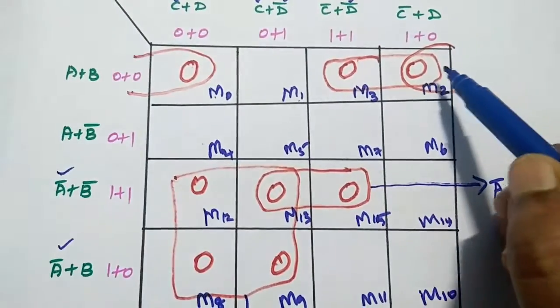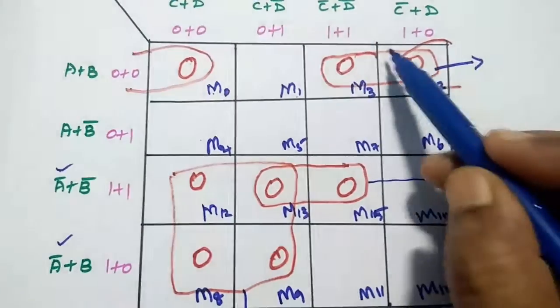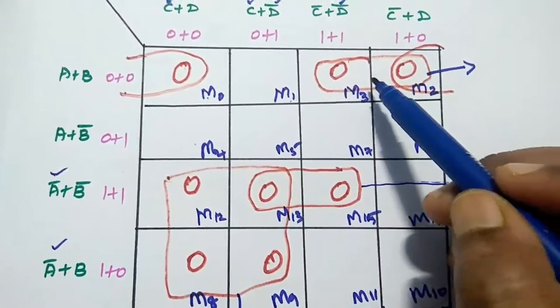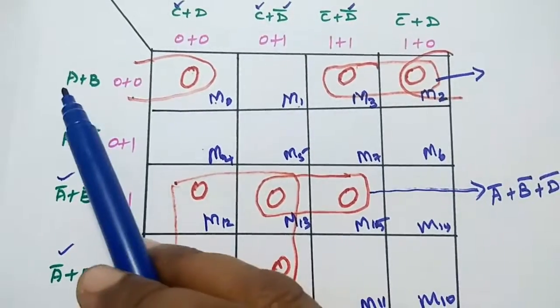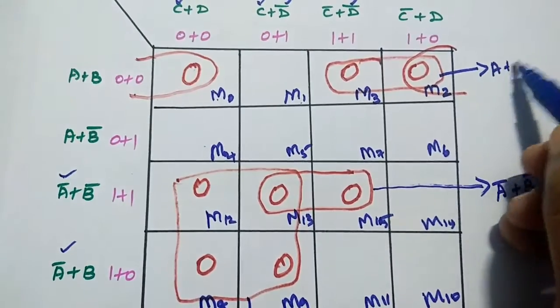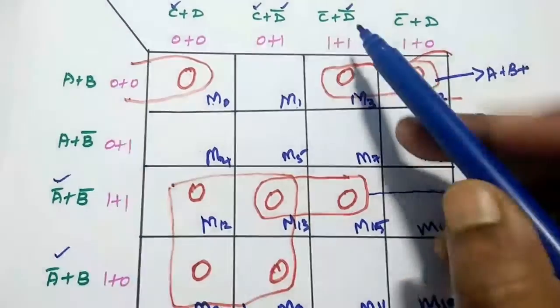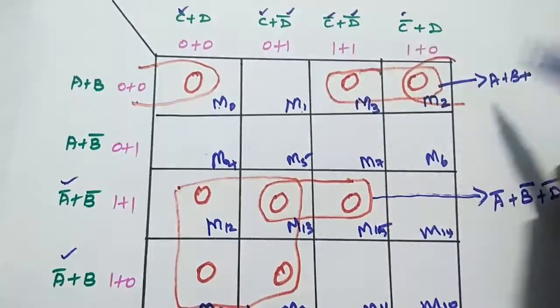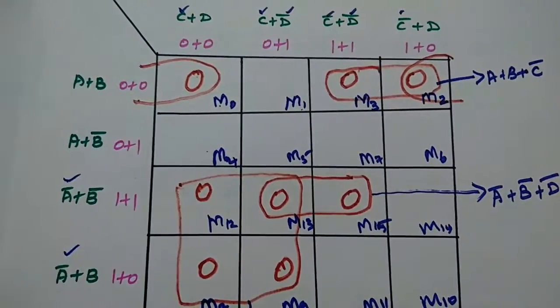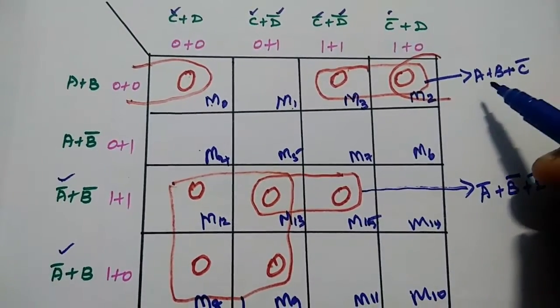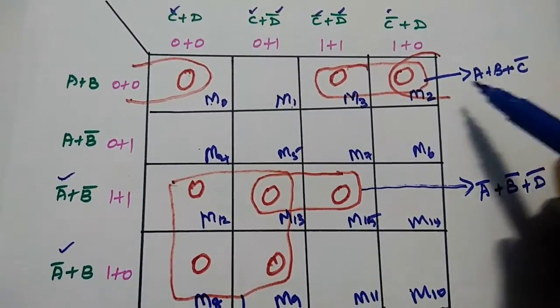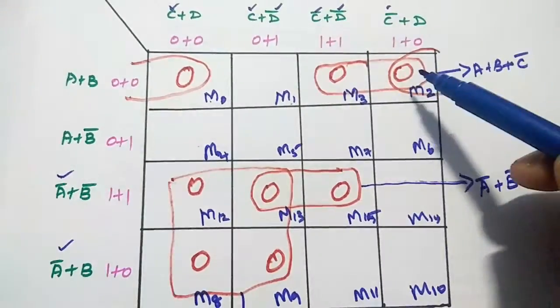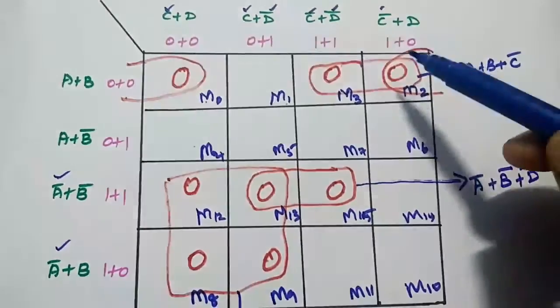So next, take this group. For these two zeros, the common term here is A plus B. A plus B plus, for these two columns, the common term is what? C bar. So we can write C bar. So A plus B plus C bar is the Boolean expression for these two zeros as a single group.